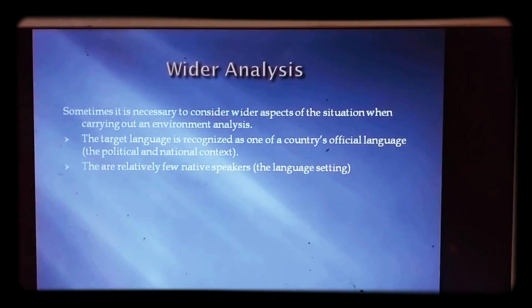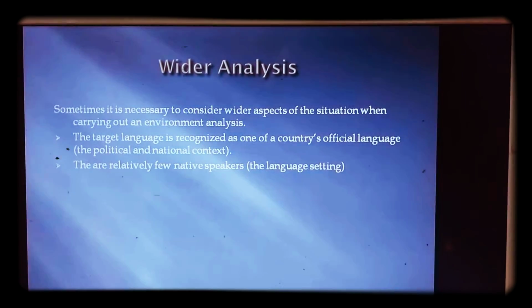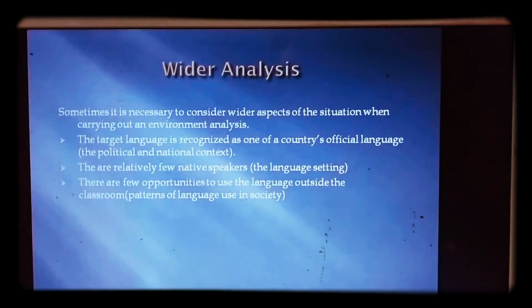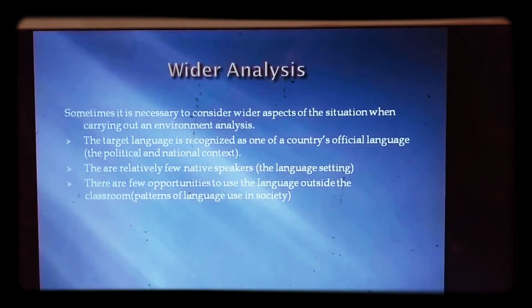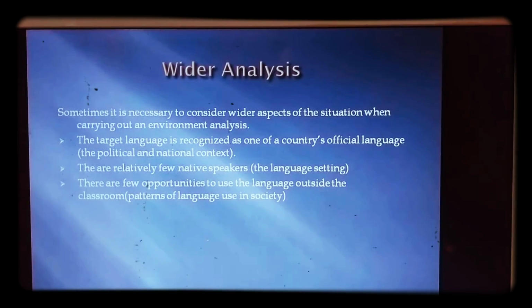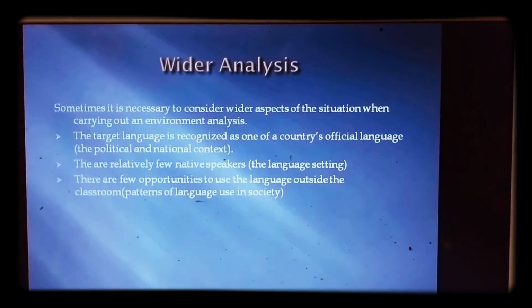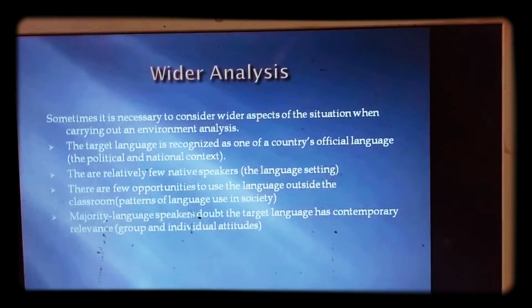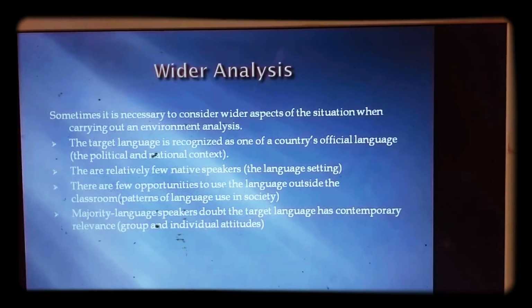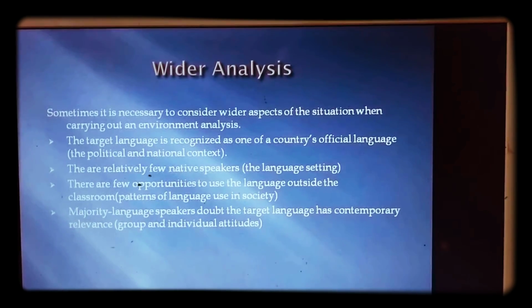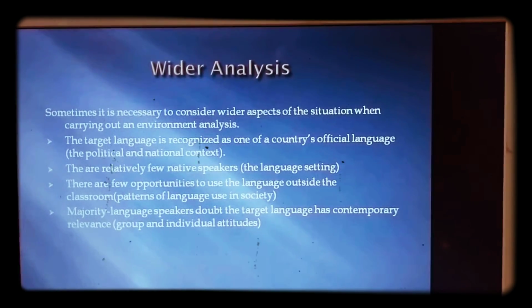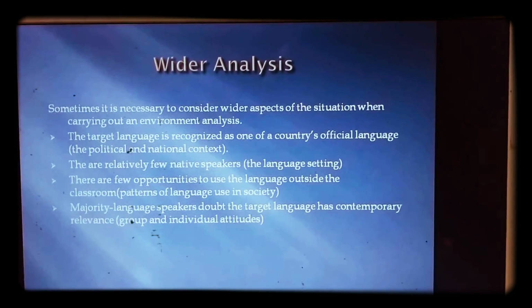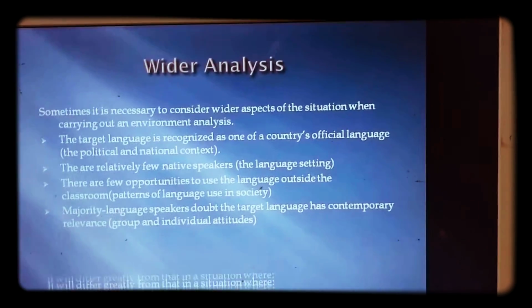Then there are relatively few native speakers. Exactly, the language setting. There are few opportunities to use the language outside the classroom. It means patterns of language use in society. Okay, next, major language speakers adopt the target language because it has contemporary relevance. It means group and individual attitudes.